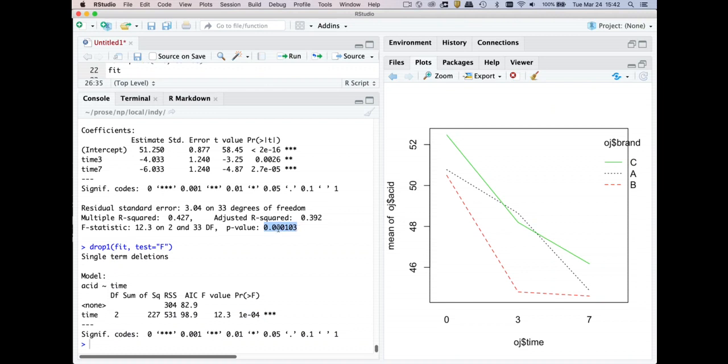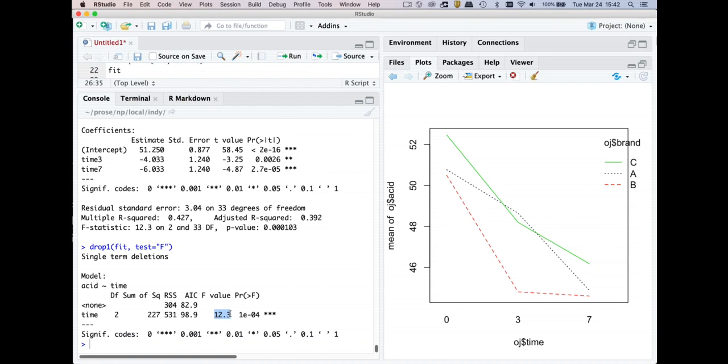So 0.0001 is 1e minus 4. Notice your F statistic is exactly the same because those two tests are equivalent to each other. So basically what I'm concluding here is there is a brand effect. Oh, sorry, not a brand effect, a time effect.